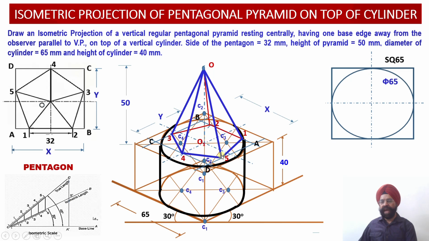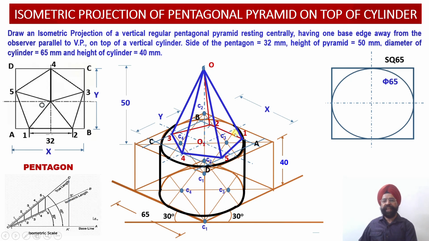Now I am going to darken the portion of the top face of the cylinder which has not been covered by this pentagonal pyramid. So this is the construction of a pentagonal pyramid which is resting centrally on top of a cylinder.